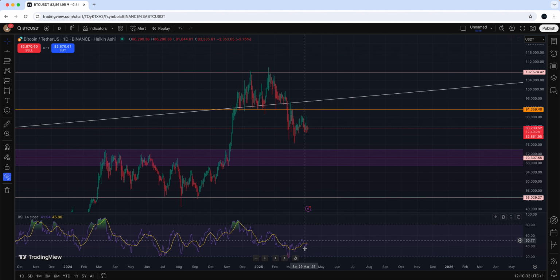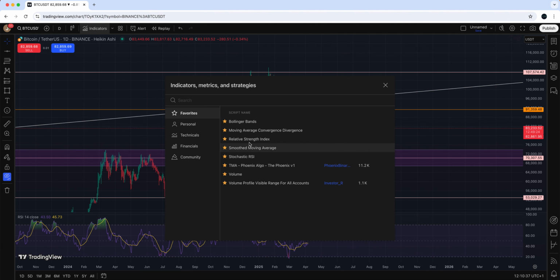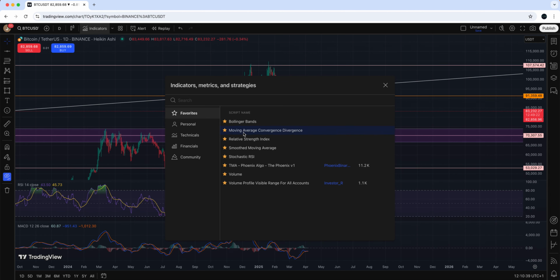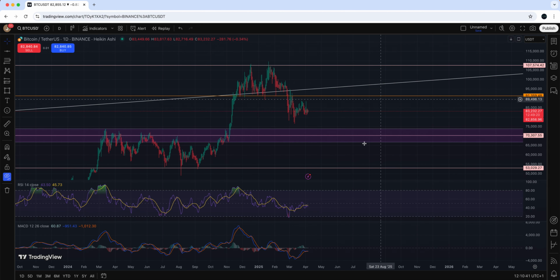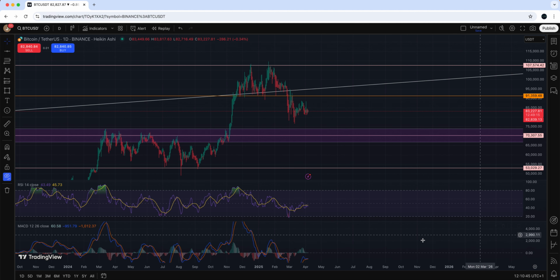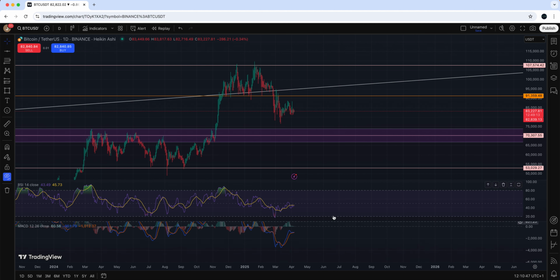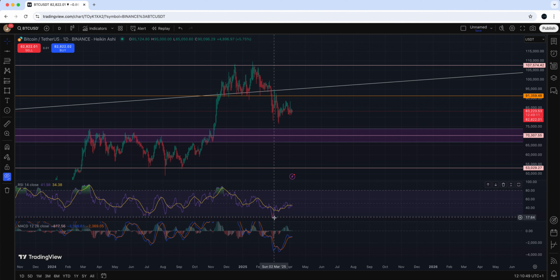At the moment, there's not really much telling me. If I also get up the MACD, which sometimes I use to help get an insight, again we've had a crossover at this point, then a crossover again. There's nothing that's exciting me to get into a trade on this daily chart.